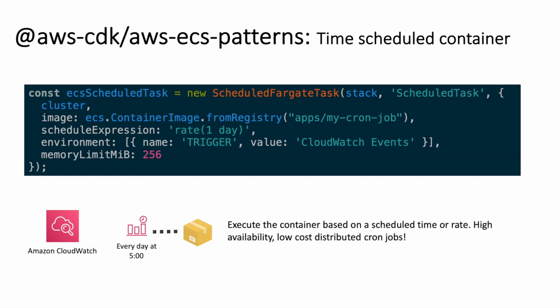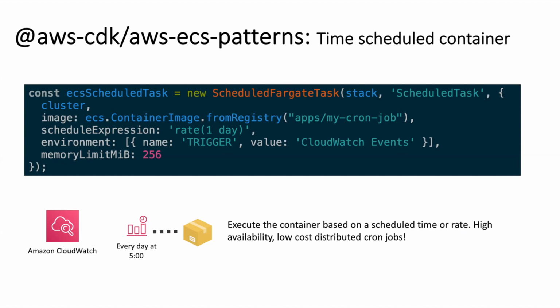So I just specify a schedule expression for how often I want to run my application container that has my job inside of it. And that's all I need to do. So every day at 5 o'clock, the container will be pulled out of my container registry and run inside of Fargate.